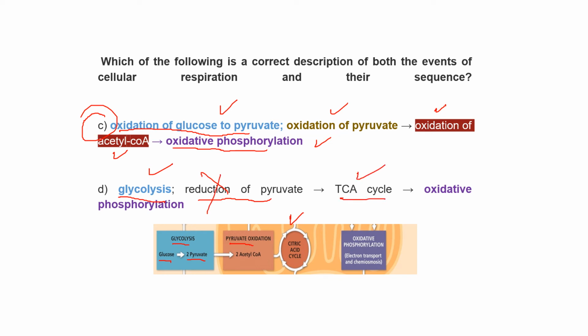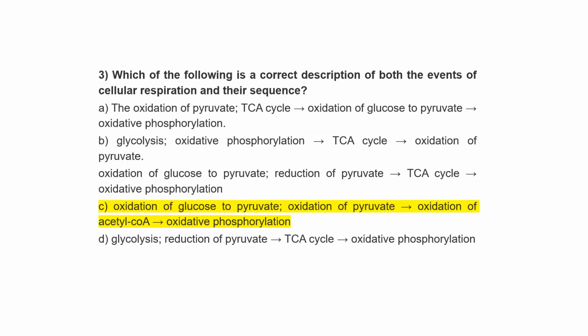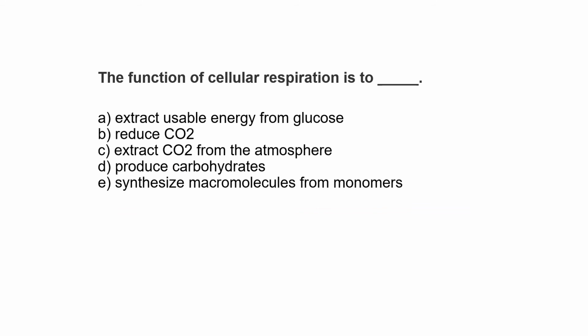TCA is correct. Oxidative phosphorylation is correct. So there is one that is wrong. So the answer will be C. So to summarize, C is the right one, while the other ones have one of the processes that is wrong or incorrect.